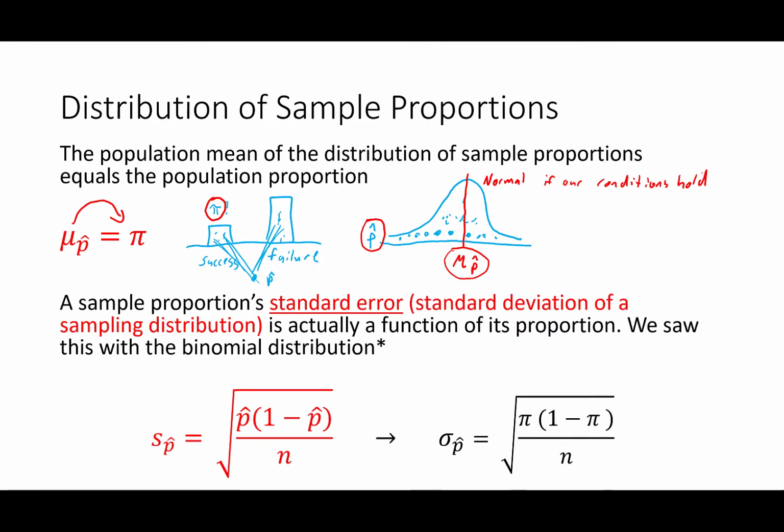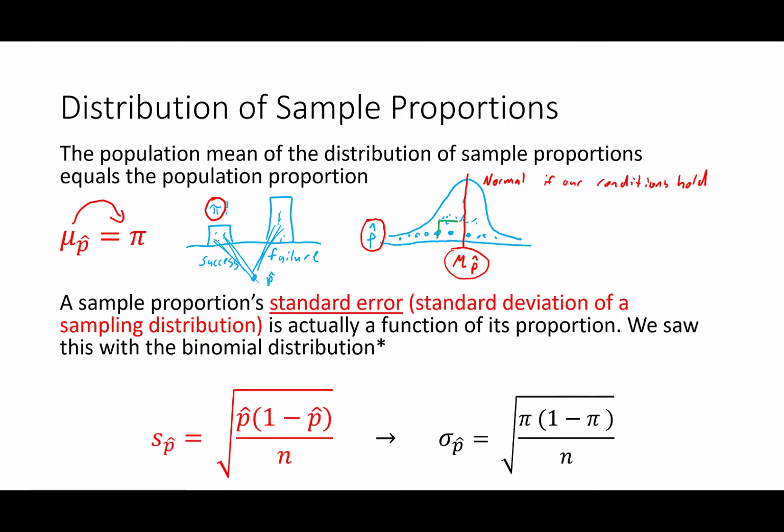It turns out that the standard deviation of this distribution, the distribution of sample proportions, is actually a function of the proportion itself. And because we're dealing with a standard deviation of a sampling distribution, we'll call this the standard error.